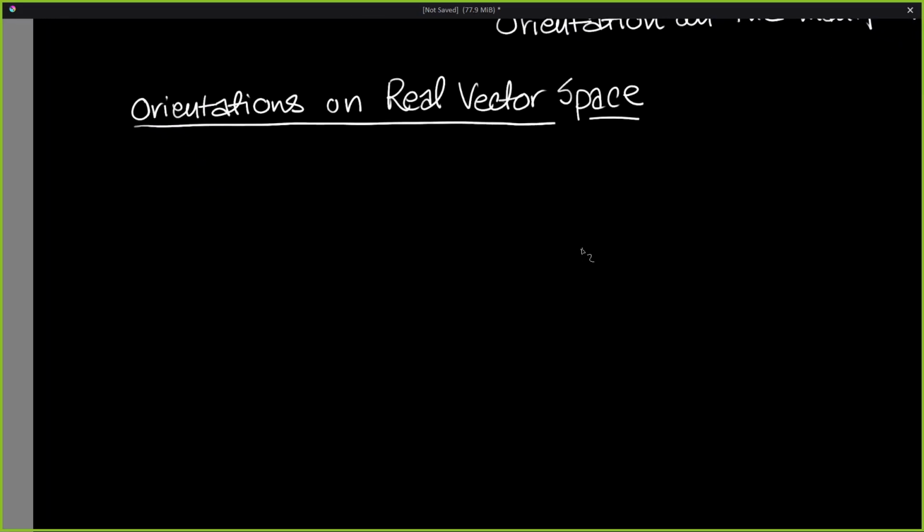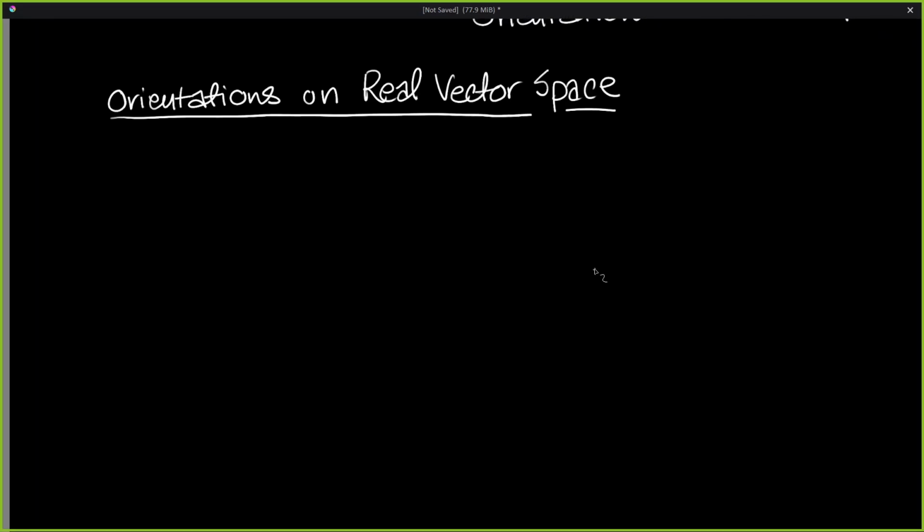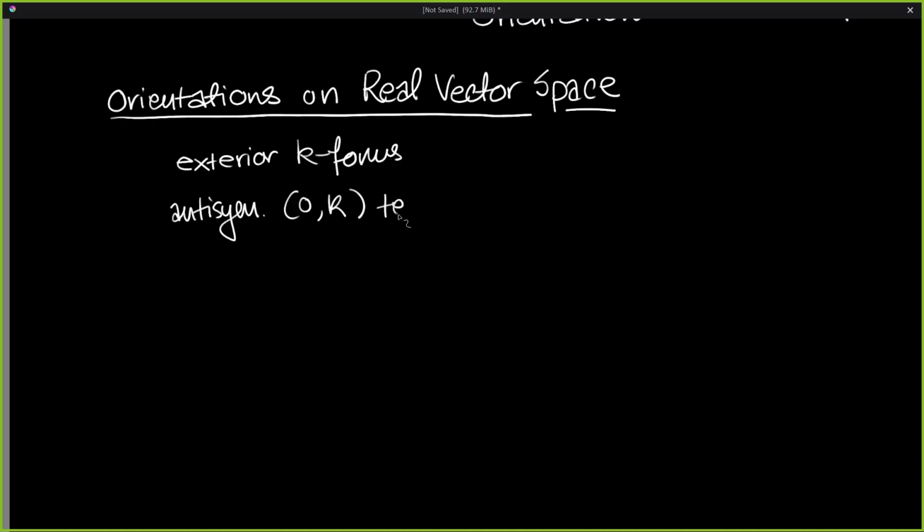So the first thing in defining orientations on a real vector space is that one thing I cut out of the last lecture for the sake of brevity and pacing is that we talked about exterior forms, or exterior K-forms, which are antisymmetric (0,K) tensor fields, right?